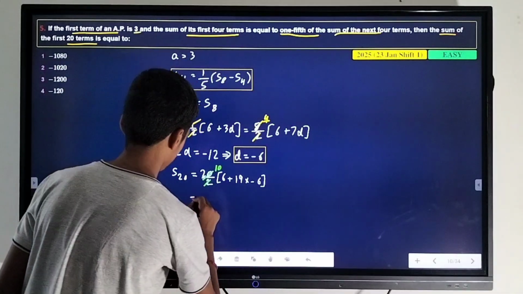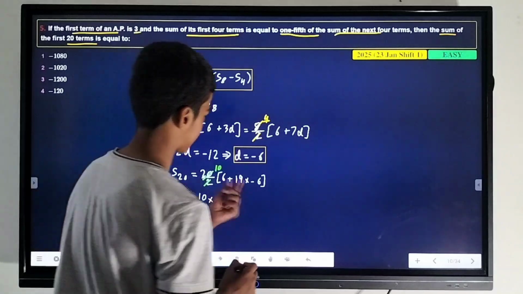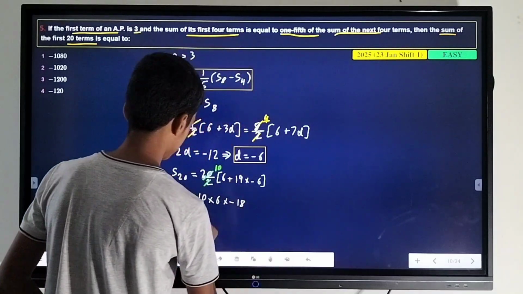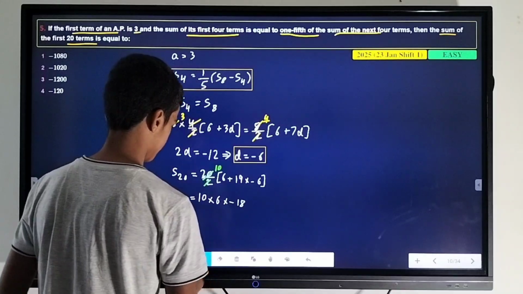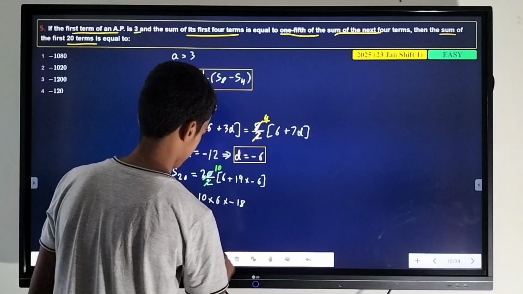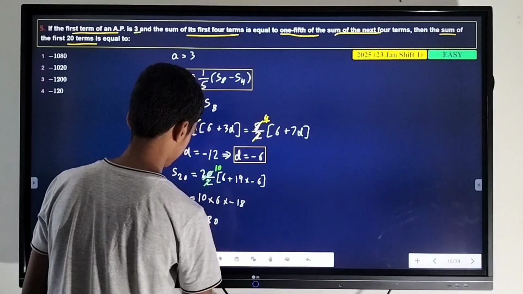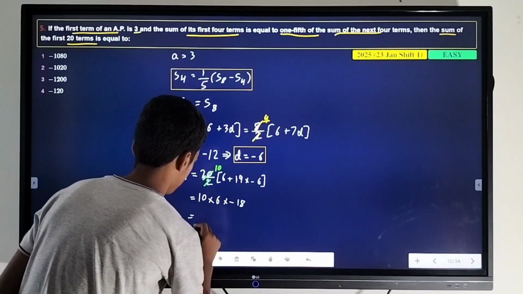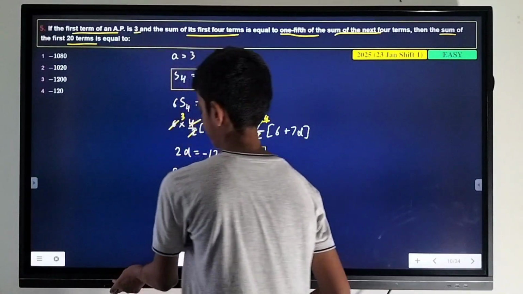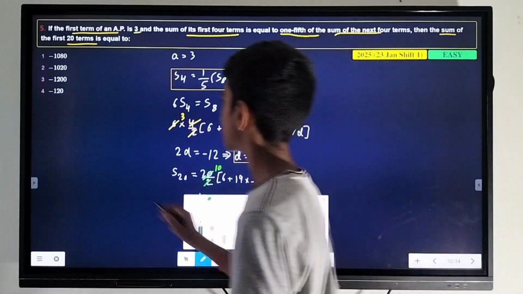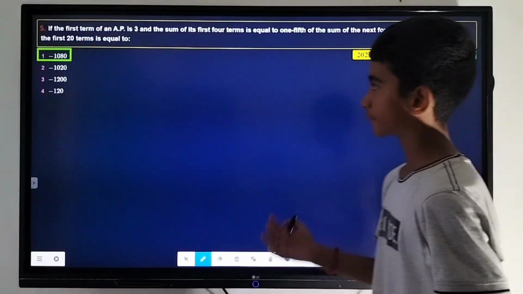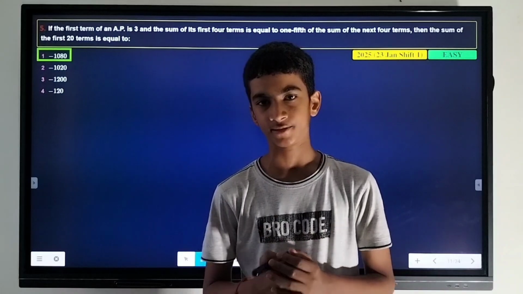From here this is equal to 10 into, we will take 6 common, inside we will get minus 13. 6 into 18 is 108, and into 10, with the minus sign, minus 1080. From here our answer is option 1. And here is our solution. We can see that our answer is correct.